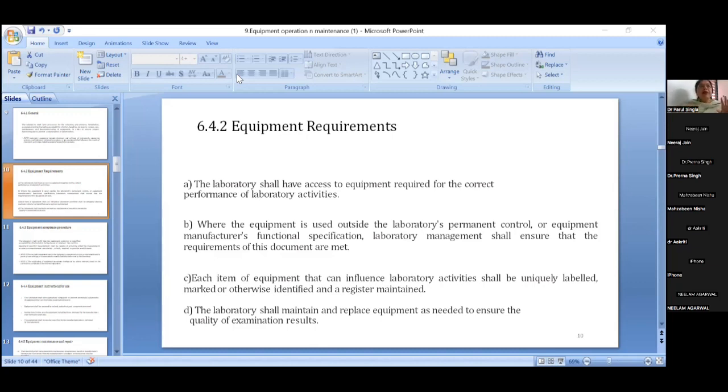So it will be easier for you to remember it, and easier to write it on the records also. Each item of the equipment that can influence the lab activity should be uniquely labeled by the lab or by the department, marked or otherwise identified, and a register should be maintained.